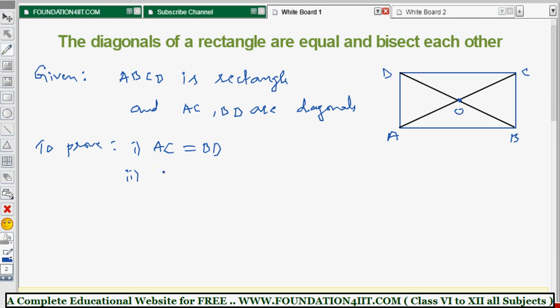That means we need to prove OA equals OC, and for the other diagonal OB equals OD. Right? These two also I need to prove. So according to the theorem, you don't have any construction, you can start the proof.